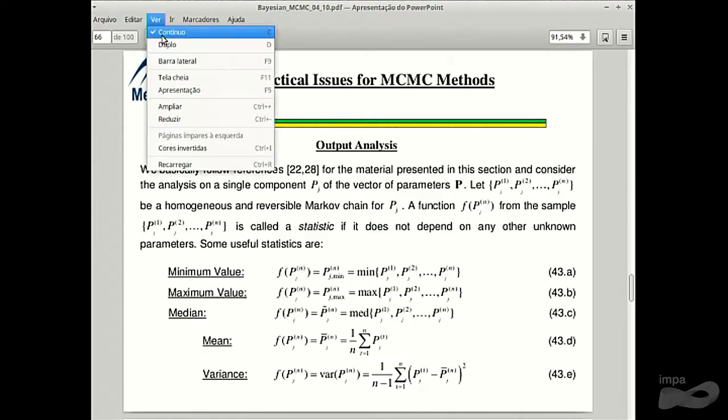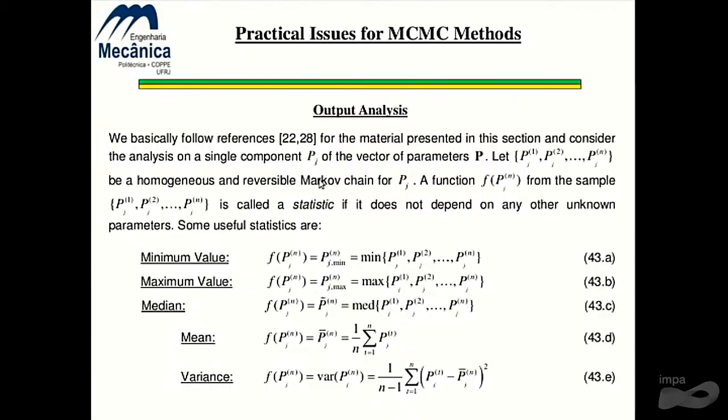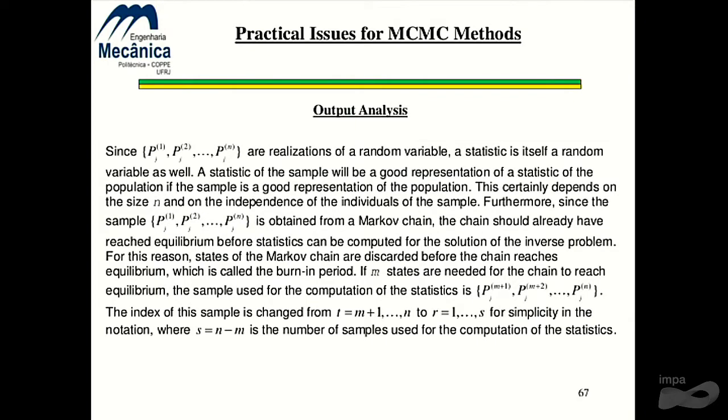We finished our last class talking about output analysis: after we generate the chain, we can compute any statistics that we want.